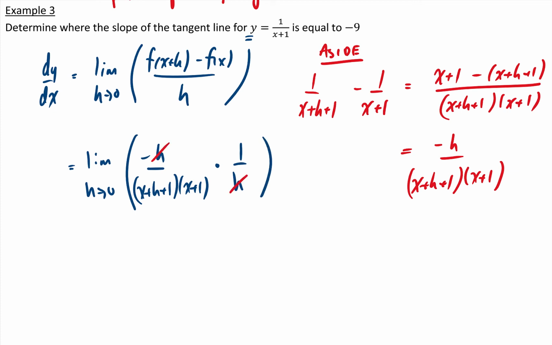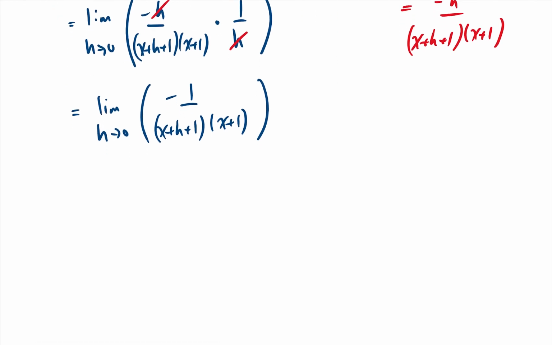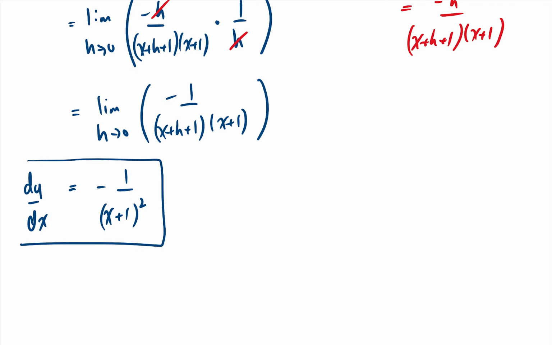It's perfect because the h's now cancel, and we're left with the limit as h approaches 0 of negative 1 over x plus h plus 1 times x plus 1. Now that we've canceled the h, we can now sub in our 0, and we're going to end up with negative 1 over x plus 1 all squared. So this is the slope of the tangents for the function given above for any x value.